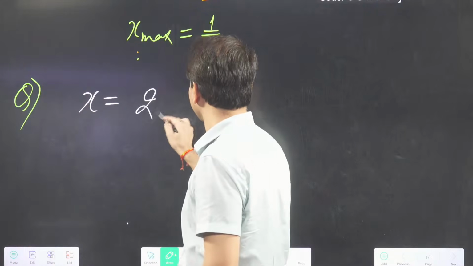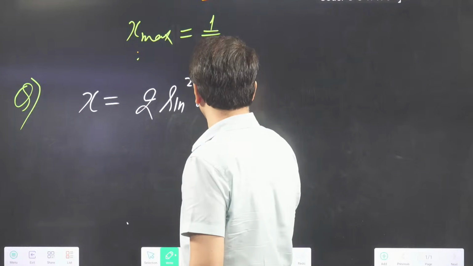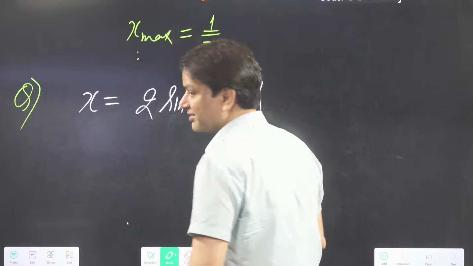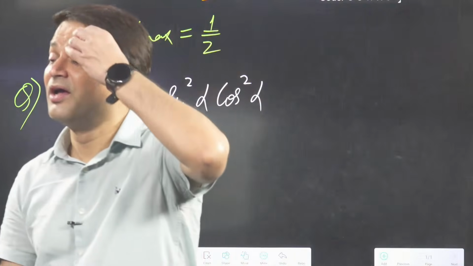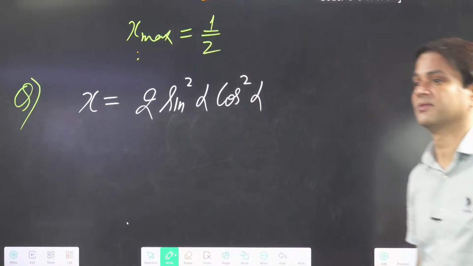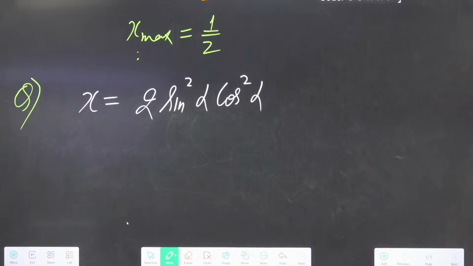Now I will check how much you understood. Sin square alpha, cos square alpha. Use a little bit of common sense, a little bit of mathematics, and tell me what is the maximum value of x.